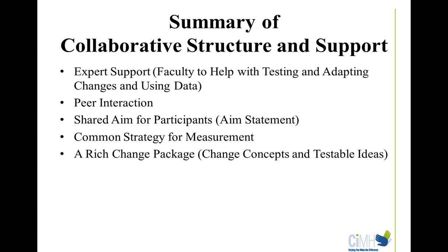They work within that as a way to then assure that they're going to interact successfully with other peers. They will have a common strategy for measurement, and then we bring this rich set of changes, a change package, that helps teams make changes that are improvements and achieve their goals and their aim. That's the overall summary of the structure, and hopefully you've got a sense of how the model for improvement is woven throughout that.